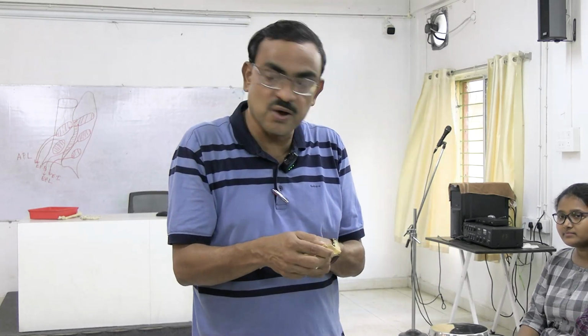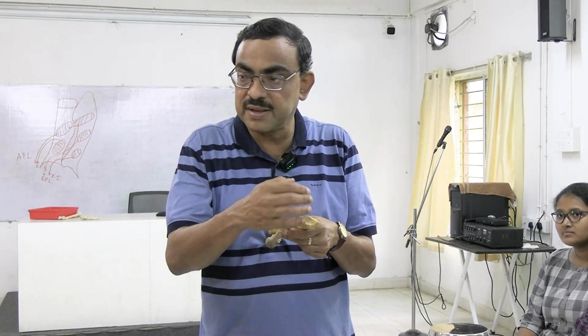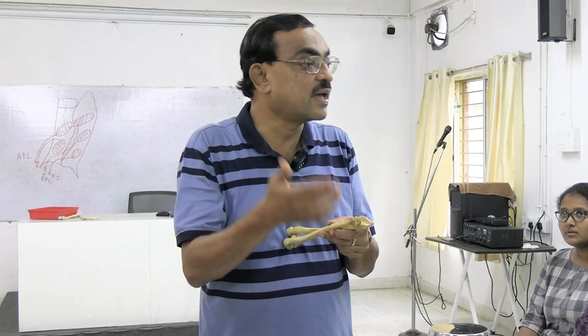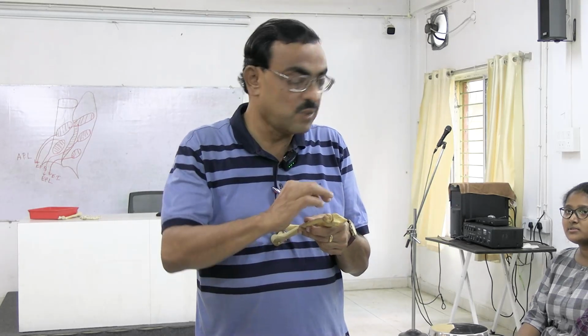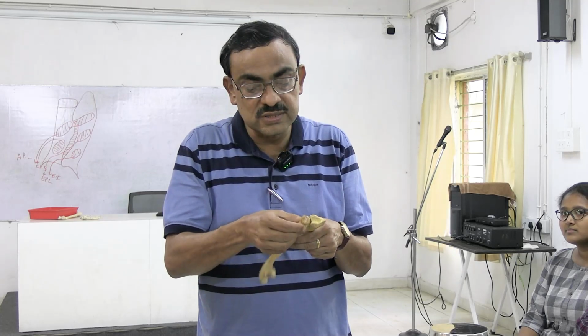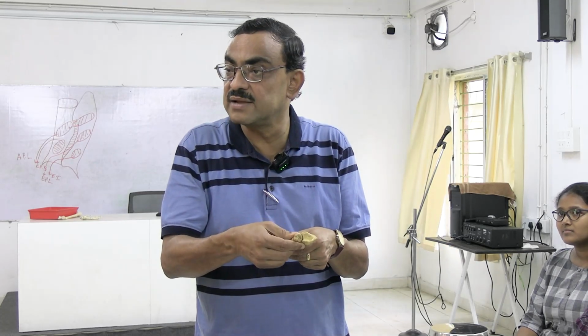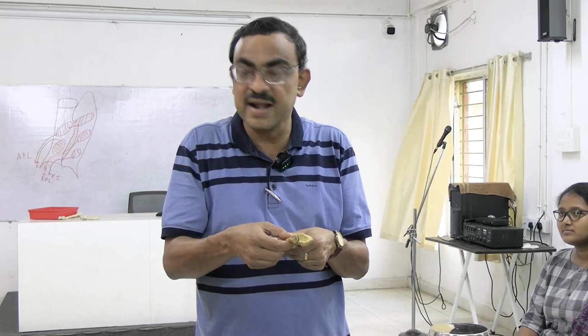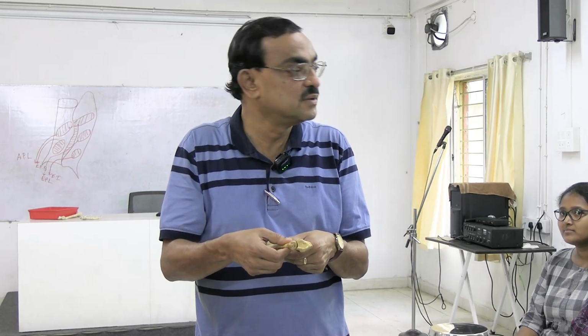So a synovial joint should have a covering of capsular cartilage, and one joint capsule will cover it. So this joint is definitely a synovial joint, and the type is a pivot joint.